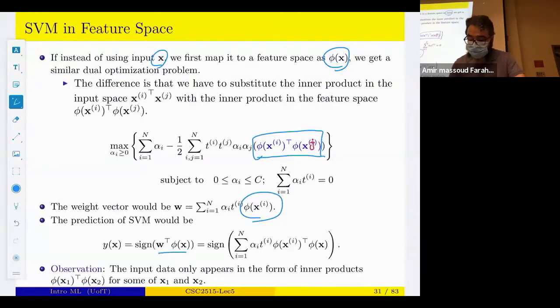And if you plug in W here and expand, it would essentially be the sign of the summation of alpha i ti phi of xi transpose times phi of x.